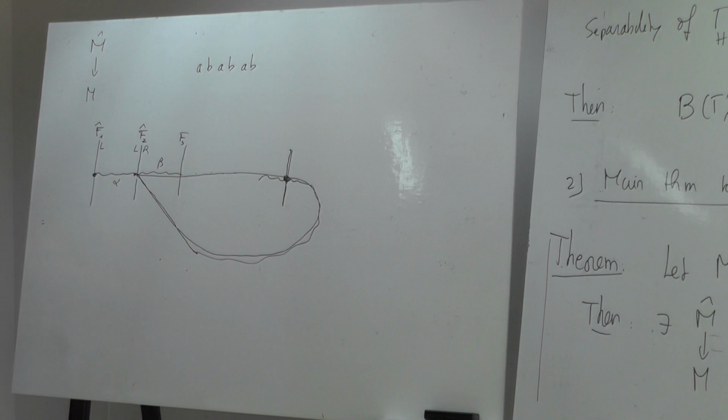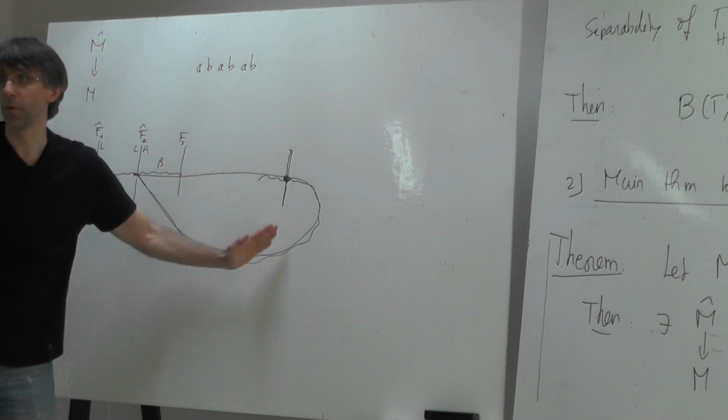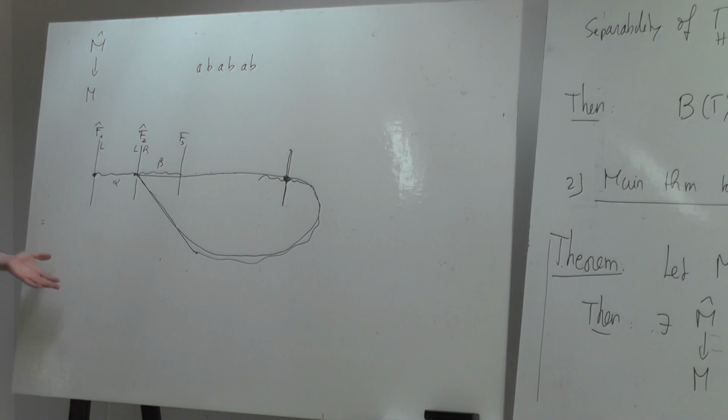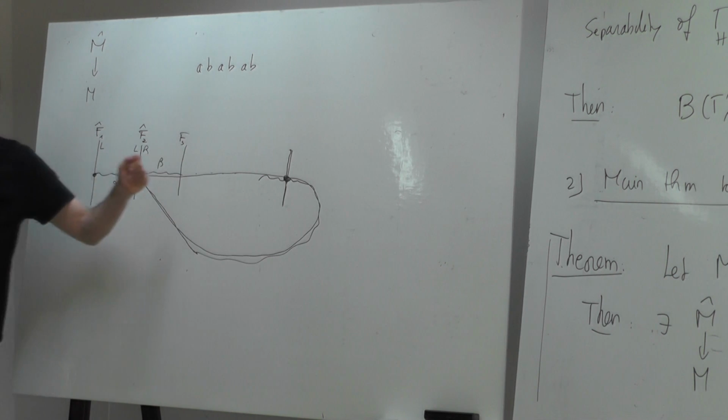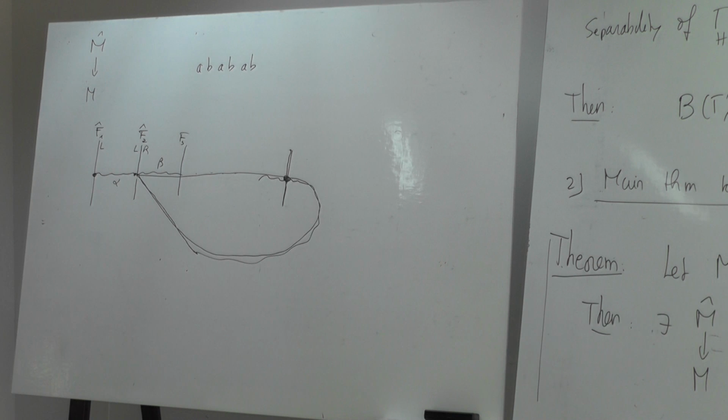And so if you cut along this connected component, you obtain a manifold which is connected because you can go from one side to the other. Okay, so that's the proof of the non-separation.